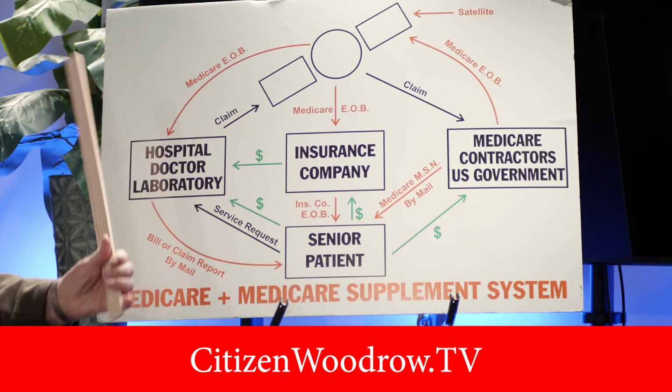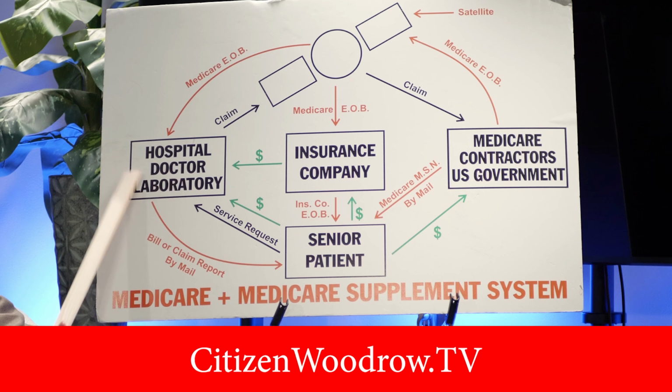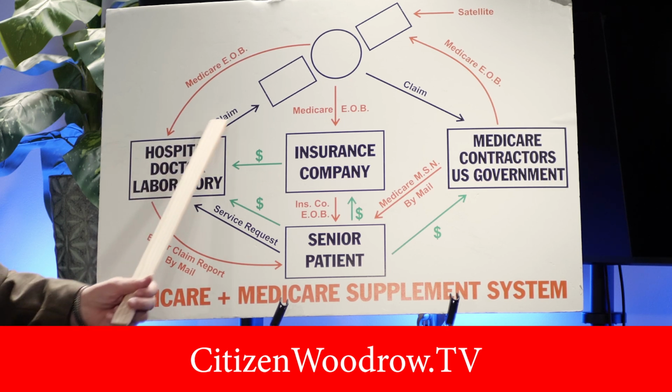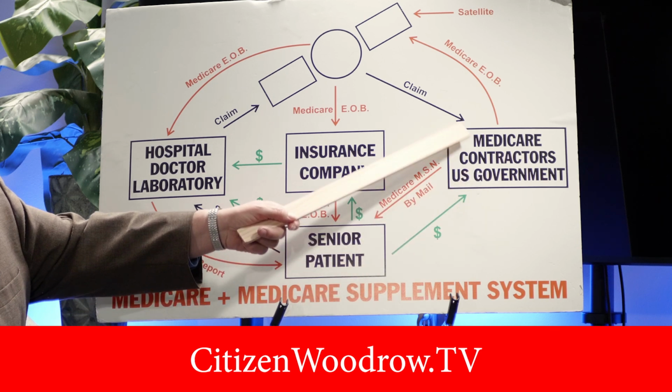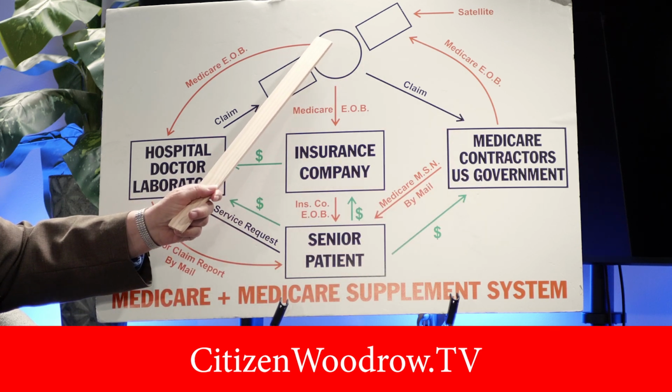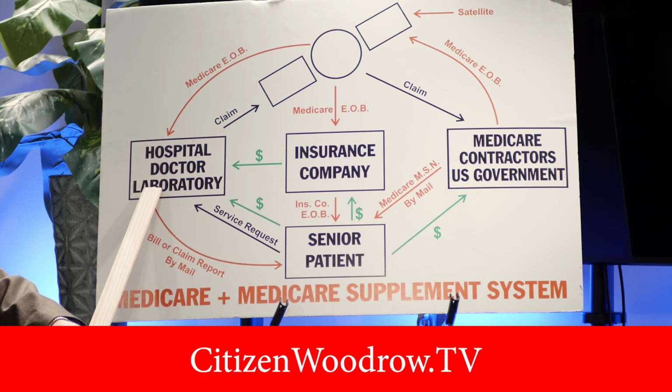So you've got an internet connection being sent from the doctor, hospital, or laboratory, or other medical service provider up to Medicare, then a determination by Medicare back up through the communication system, and doctors, hospitals, and laboratories get what they refer to as a Medicare EOB, explanation of benefits.